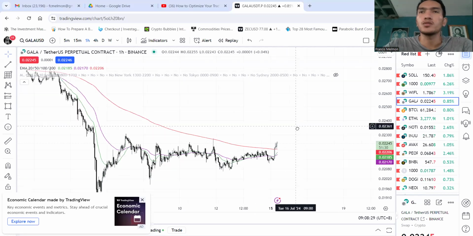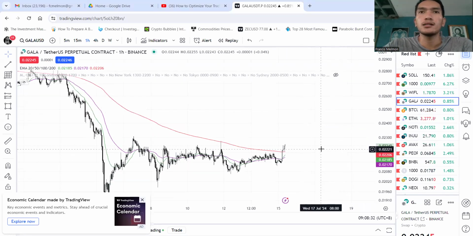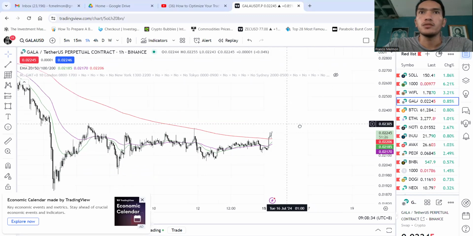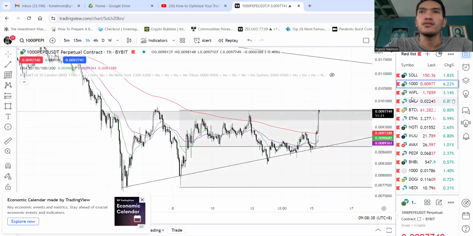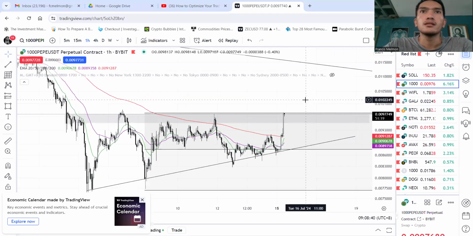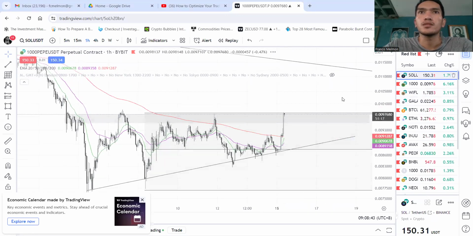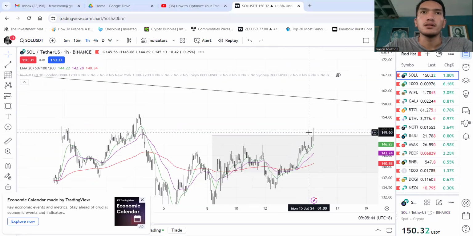Okay, let's get back to our charting. We just had a couple of minutes of break, and as we could see, we have some significant movements.